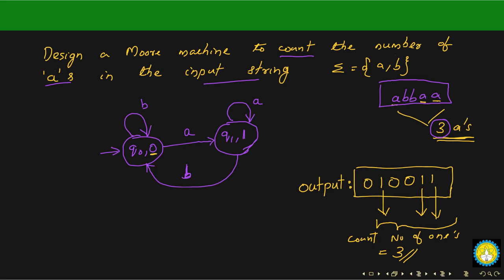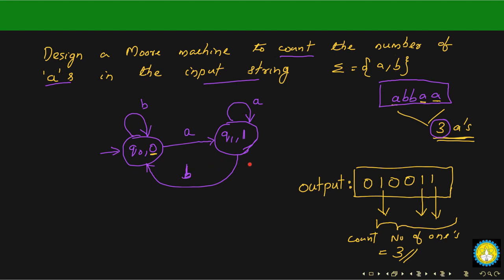This example is a clear indication of how we can use a Moore machine to generate useful outputs. In this example itself, we have generated this output from which we can derive the number of ones in the given string. These kinds of very interesting problems can be solved using a Moore machine.